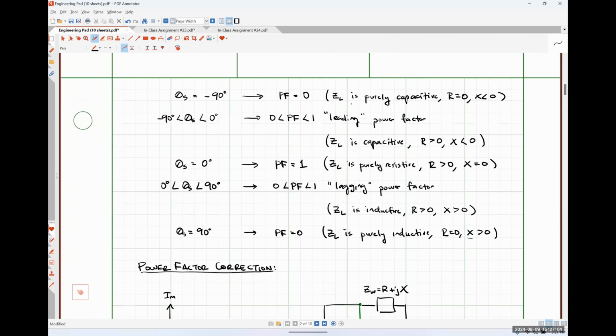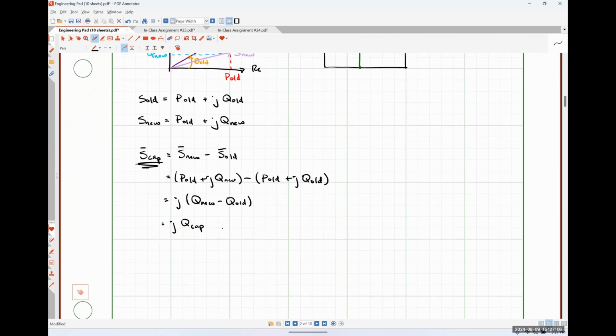Okay. So if we set this equal to negative j times the magnitude of the voltage squared times omega C and rearrange, what we find is that the capacitance C is equal to negative Q cap over the magnitude of the voltage drop across the capacitor squared times omega.